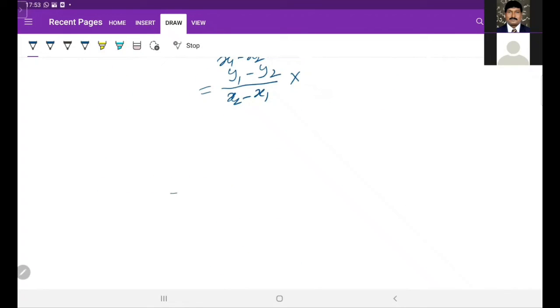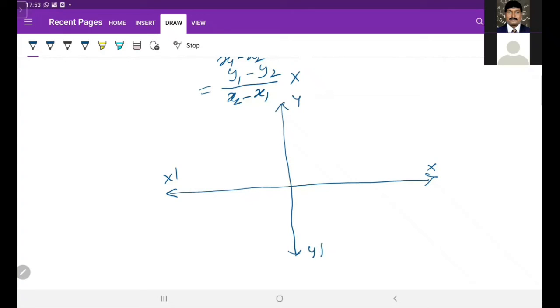How to get the slope? For suppose this is x, x dash, y, y dash. So A(x1, y1) for convenience, and this is B(x2, y2). Draw perpendiculars now.